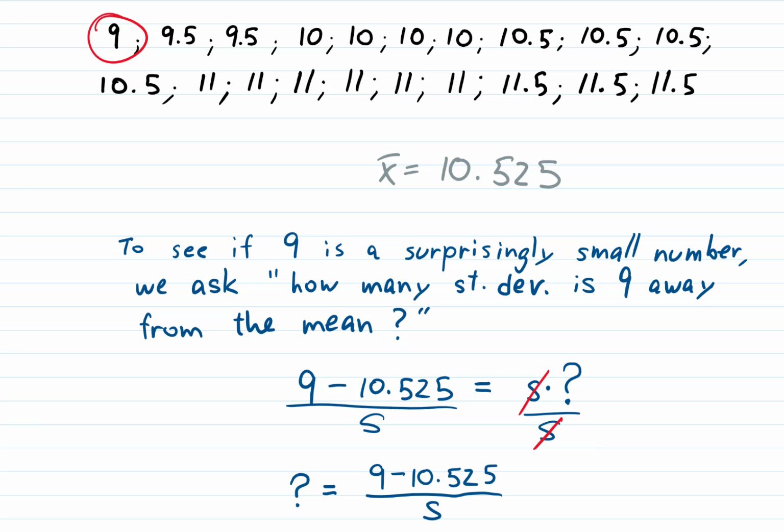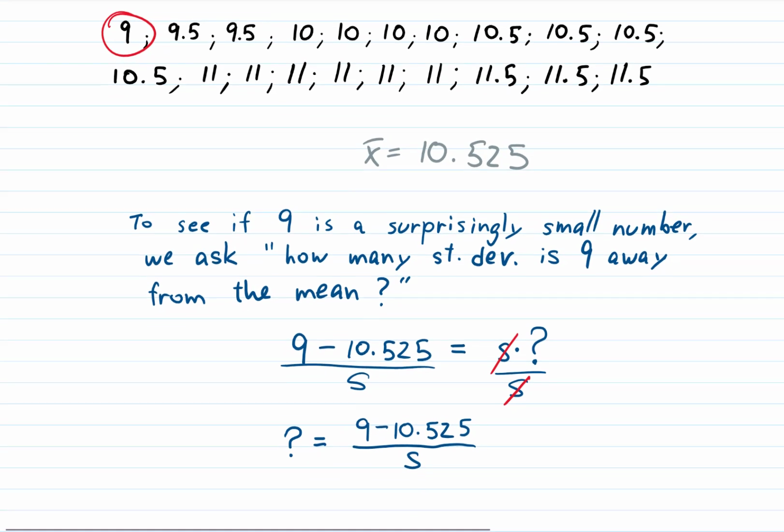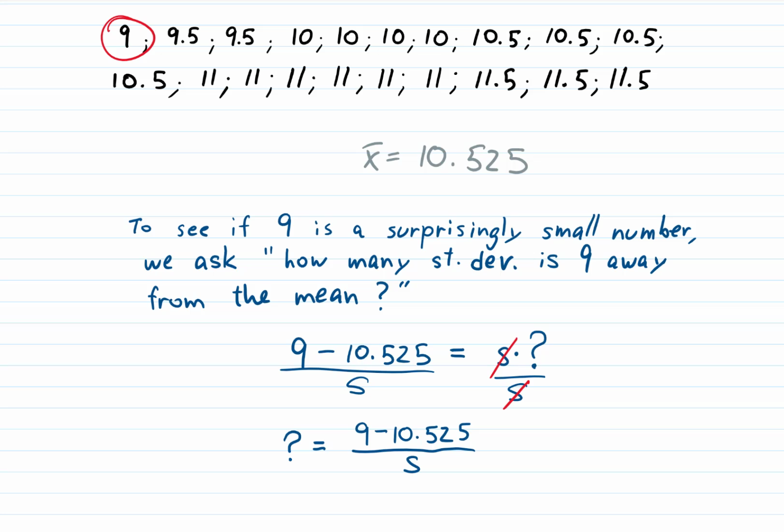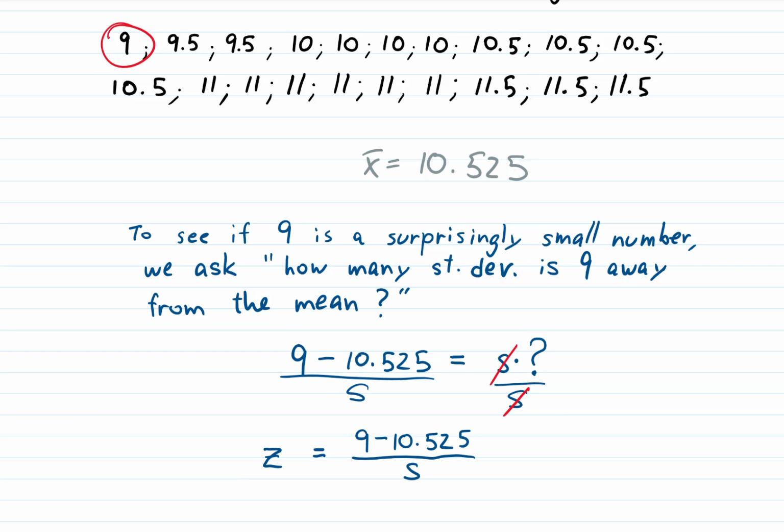Okay? Of course, question mark is not really a variable. So let's choose a letter for that instead. And statisticians use the letter Z. And that's called the Z-score. Okay? Now remember, our standard deviation for this example was about 0.7. So let's calculate the Z-score.